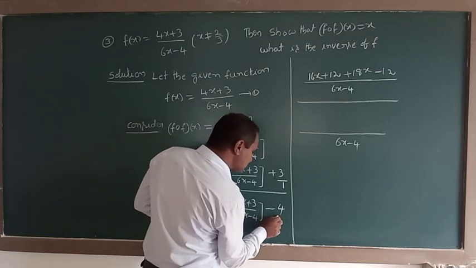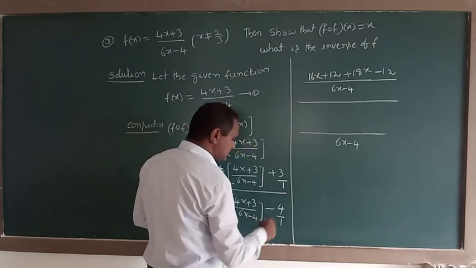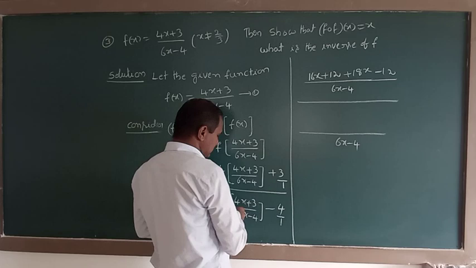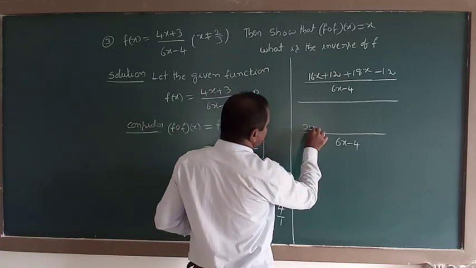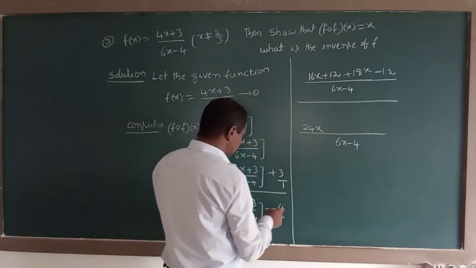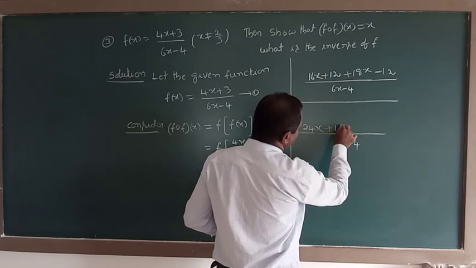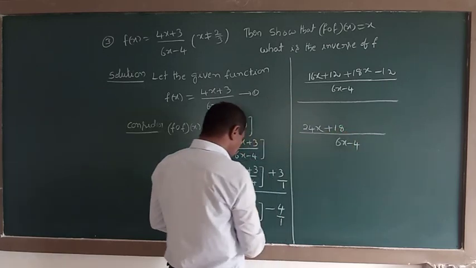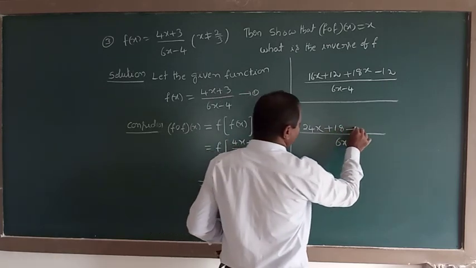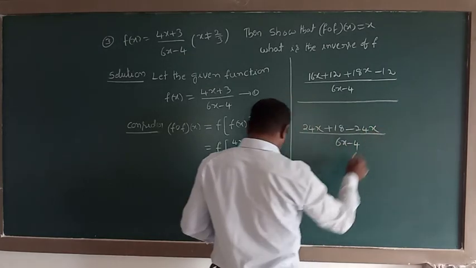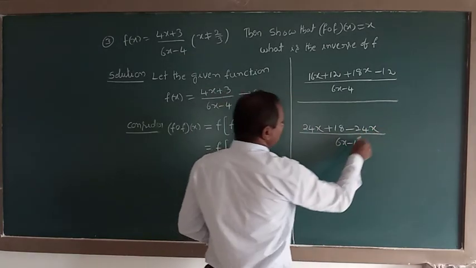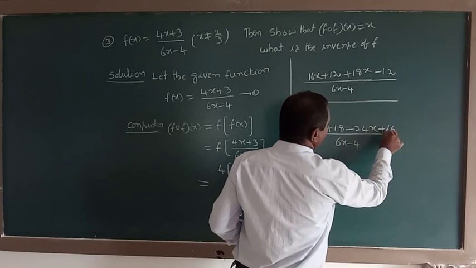Here also there is nothing, and down means we consider 1. Taking cross, 6 fours are 24x, 6 threes are 18. Minus 4 into 6, minus 24x. Minus 4 into minus 4, plus 16.